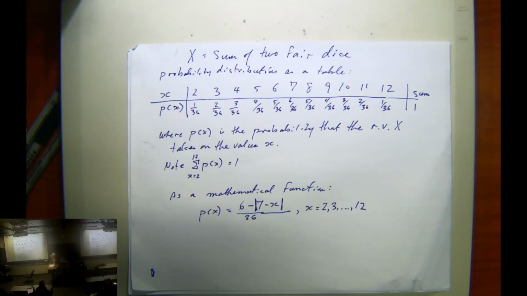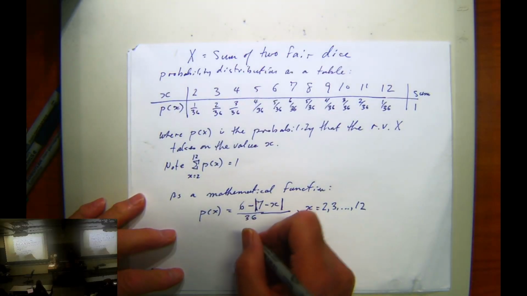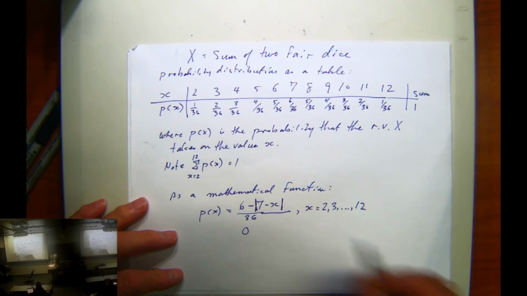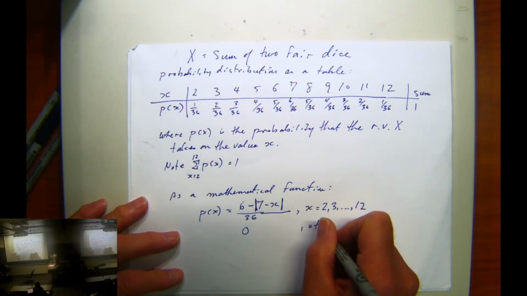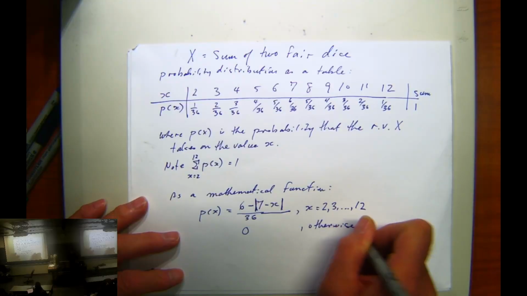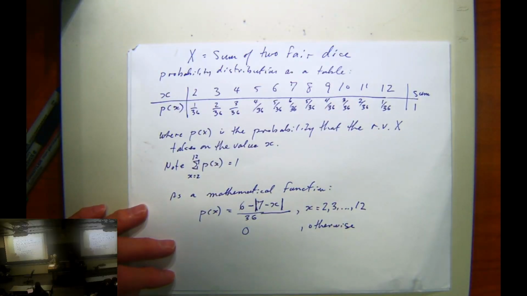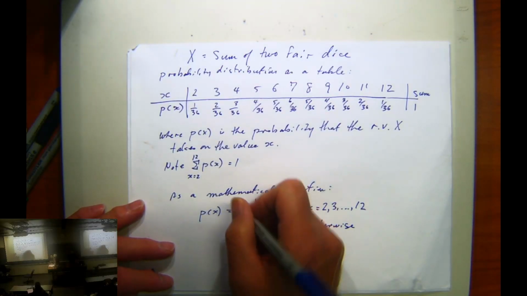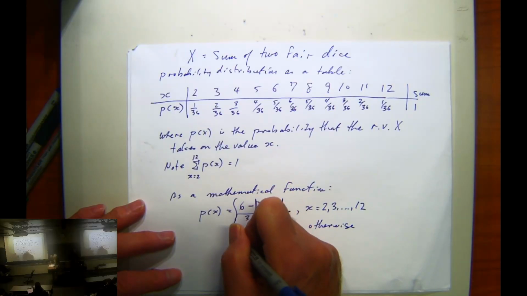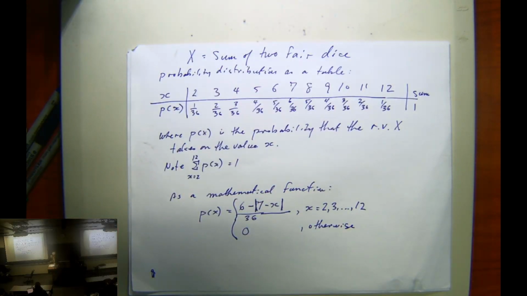That doesn't work for a probability. All we need to do is put in our expression that it's equal to 0 otherwise. So if I pick any value of x other than 2, 3, and so on up to 12, I just say the probability of that value occurring is 0. So I've stated a mathematical function.